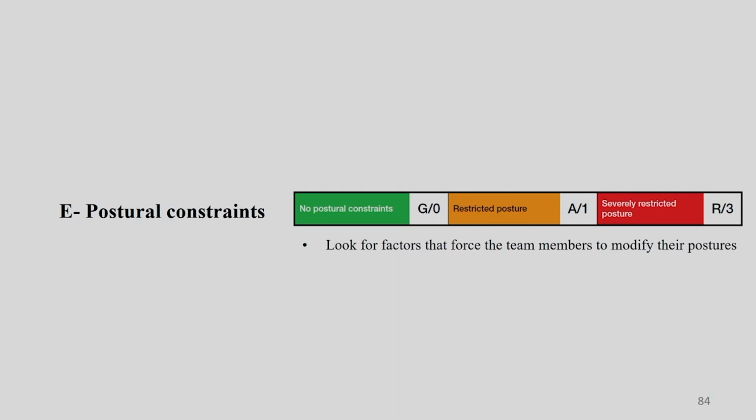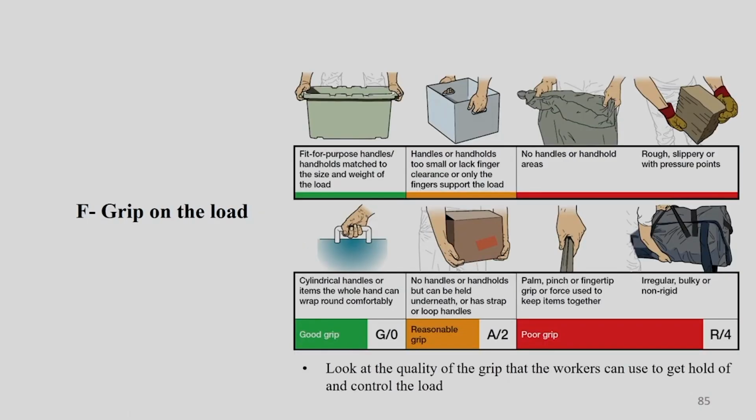Postural constraint, same as we explained in earlier cases: no constraint 0, restricted posture means 1, and severely restricted posture means 3. Grip on the load, similarly as we discussed in lifting and carrying, you have 3 varieties: good grip, reasonable grip and poor grip. Exactly the same way you have to check for the lifting as you did in lifting and carrying.